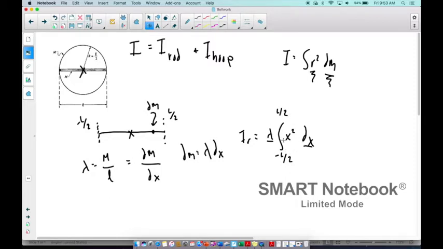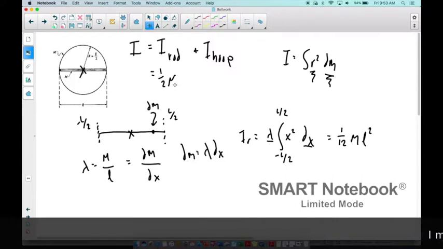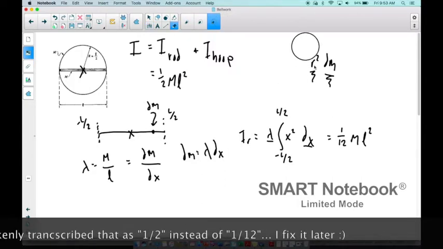I'll leave that calculus up to you, but it ends up being equal to 1/12 ML squared, just like that. So now I know what the I of the rod is. It is 1/12 ML squared. Simple enough. Now let's do the hoop.